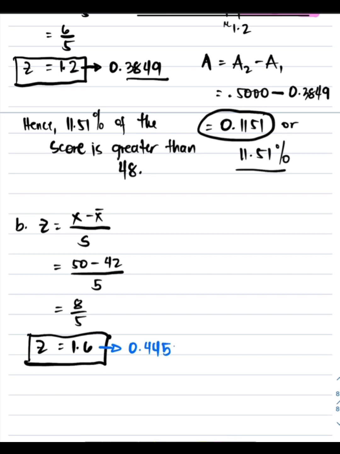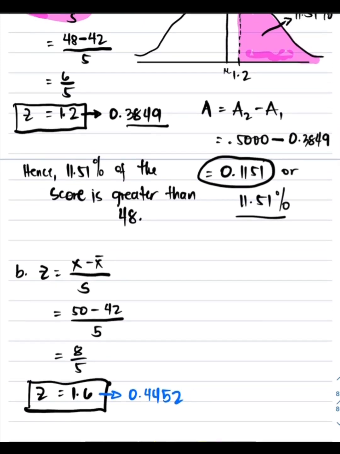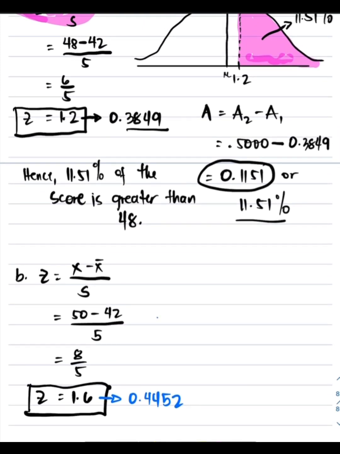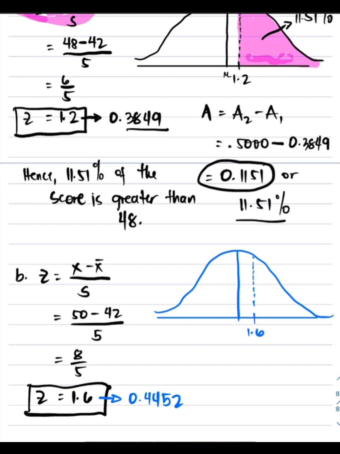0.4452. Then, less than 50. So, when we sketch the normal curve, it looks like this. So, 1.6, assuming we find the 1.6 here. Then, less than, meaning, to the left.